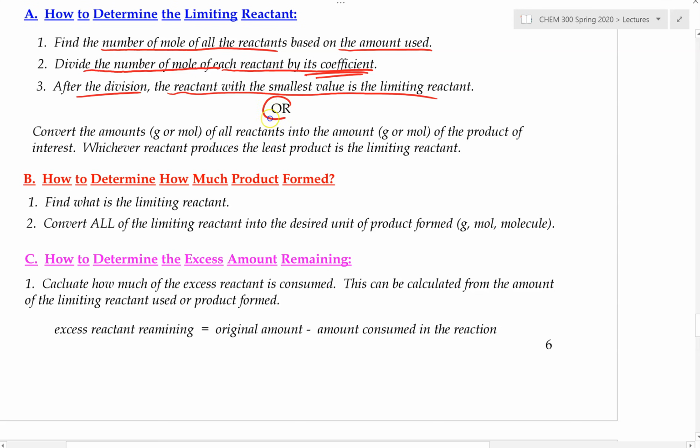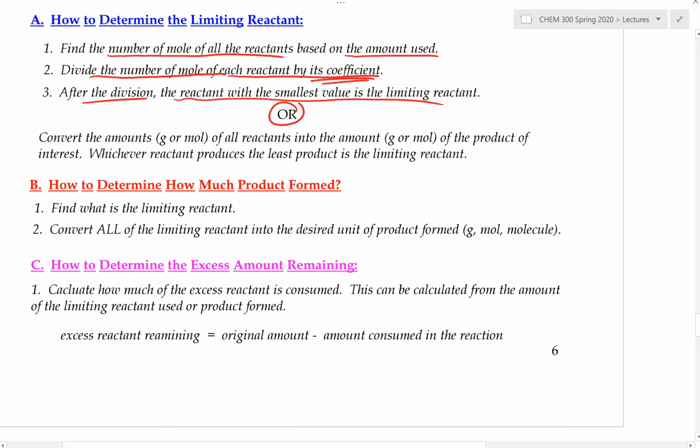Now, there is another way. The second way is as follows. Convert the amount of all of the reactants into the amount of the product of interest. Whichever reactant produces the least amount of product would be our limiting reactant. So basically in this second method, we are assuming that all of each reactant is used up, and asking how much product can be made.